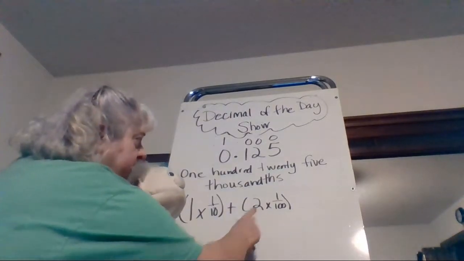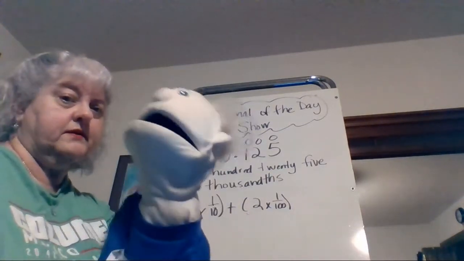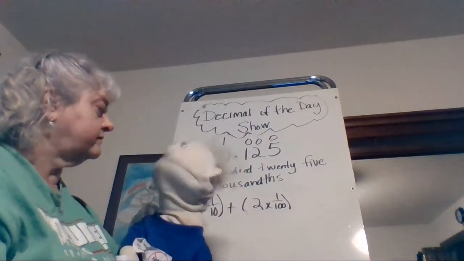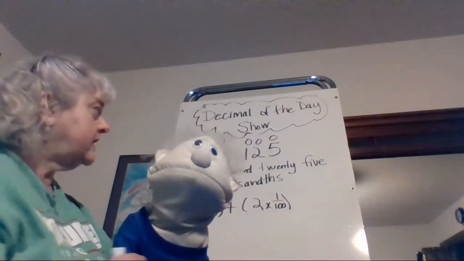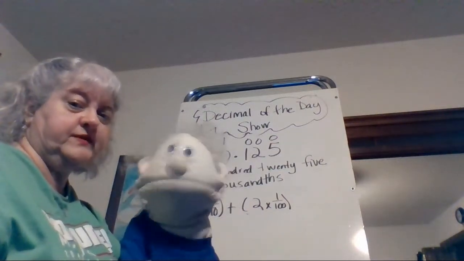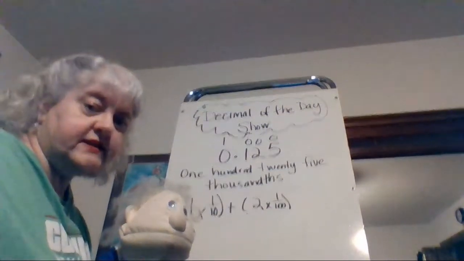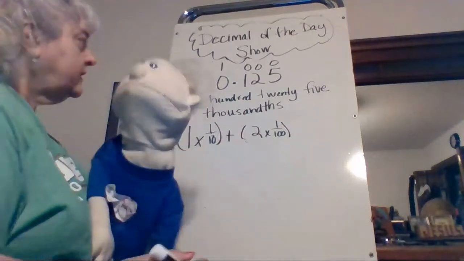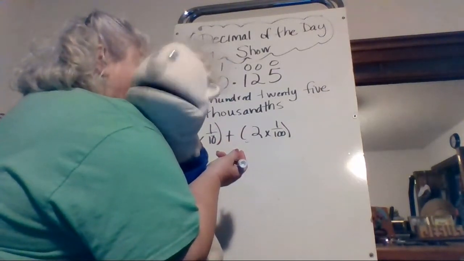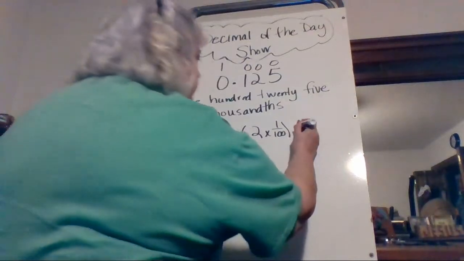Well, why is the 2 here? Because you have 2 hundredths, not just 0 or 1. Okay, so am I finished? Joe says no. So what else do I need to do, Joe? The thousandths place, you need to do 5 times 1/1000th. Okay.